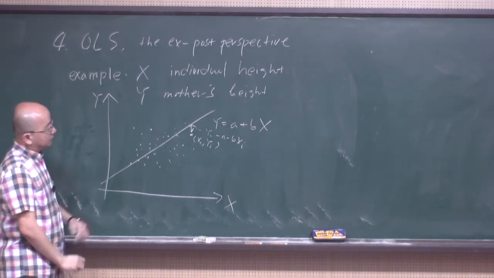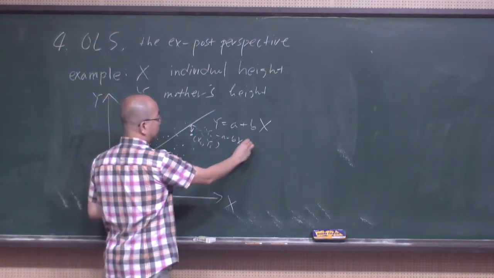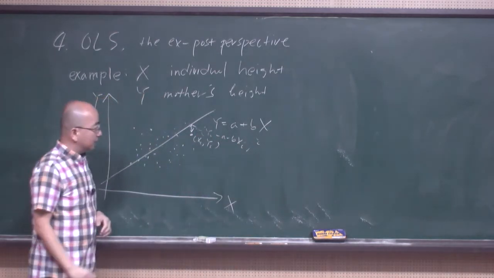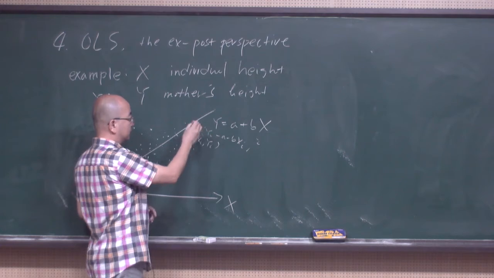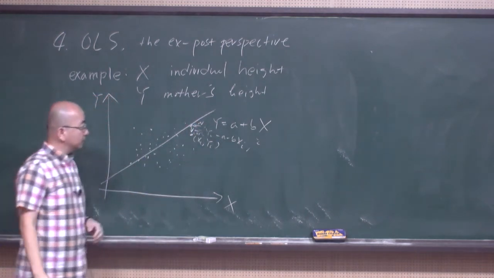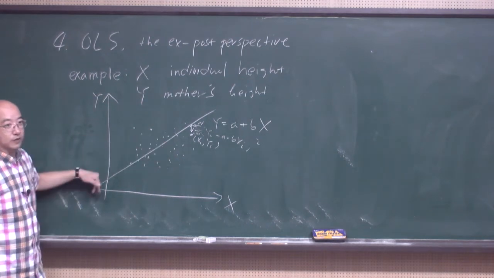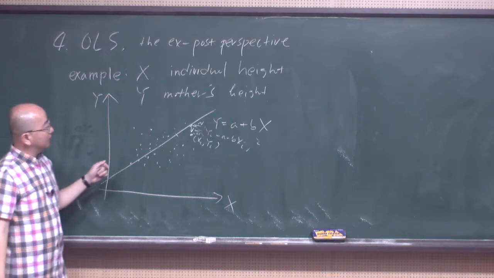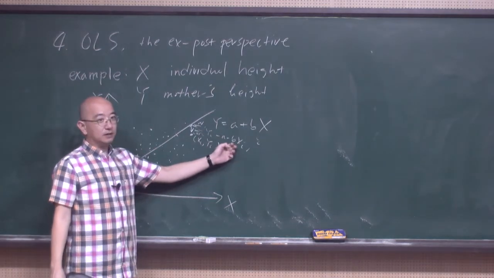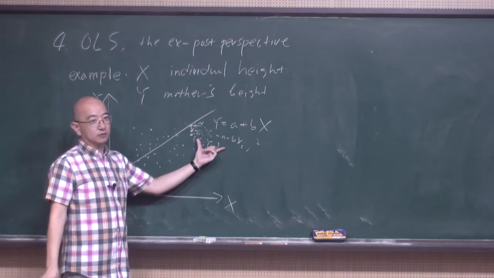And what we do is we square this distance, and take the average. We don't really need the average. And sum this quantity for all points. And we find A and B so that this quantity is very small, the smallest.